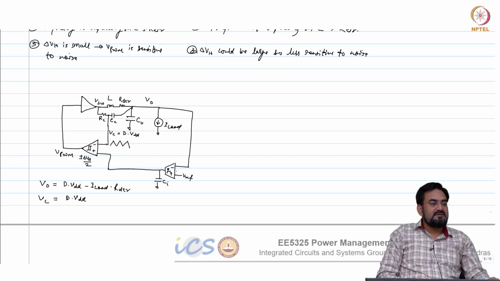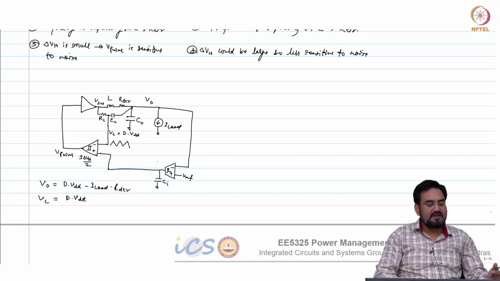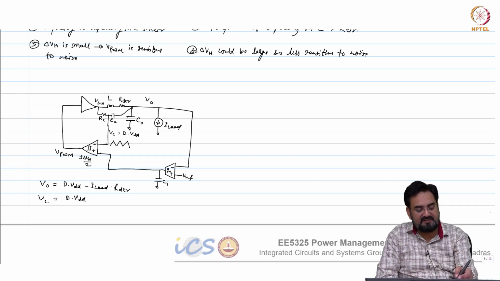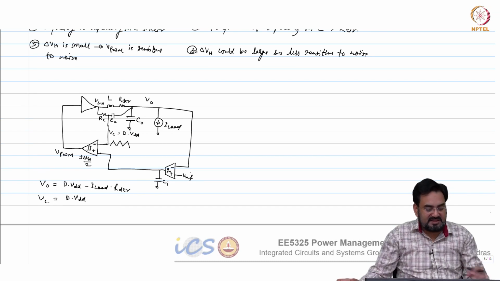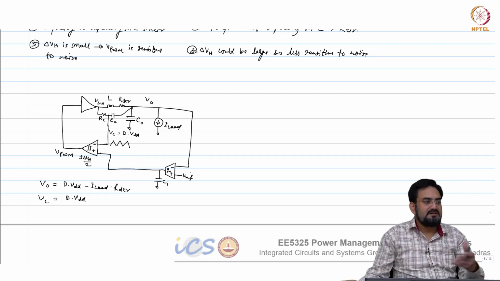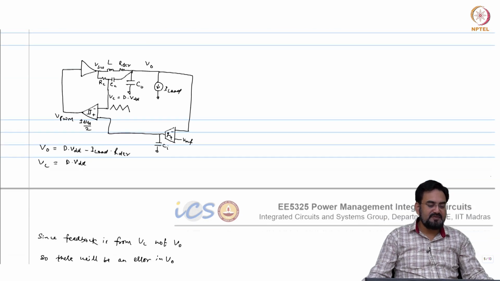So this input to this comparator will settle automatically, I mean this integrator will force a value for which V out becomes equal to Vref. But this has to be very slow. So this is another way to fix that.